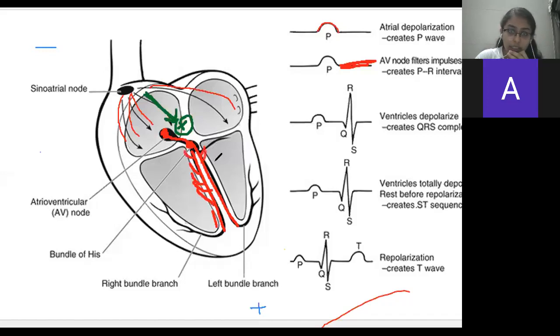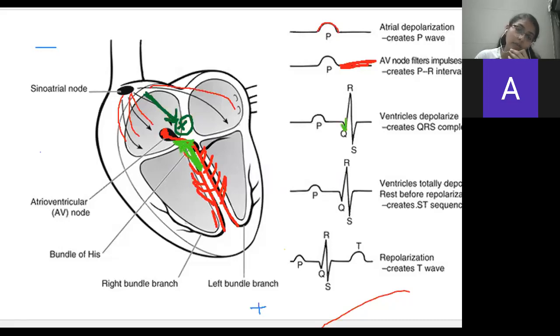So the cumulative vector of this charge is in the opposite direction, whose head is towards the negative charge. And that is why you see a negative deviation at the Q wave.